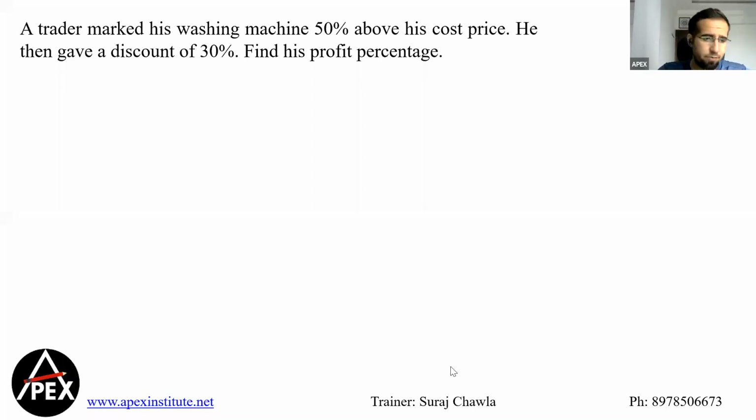Let's solve this, guys. After marking up by 50 percent above cost price, let us see. Can I say 50 percent more than the cost price? So this is my mark price.